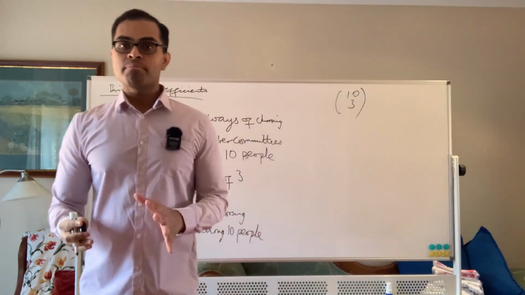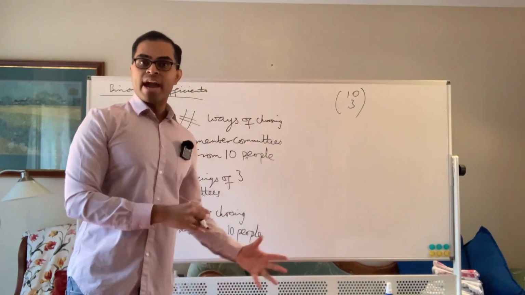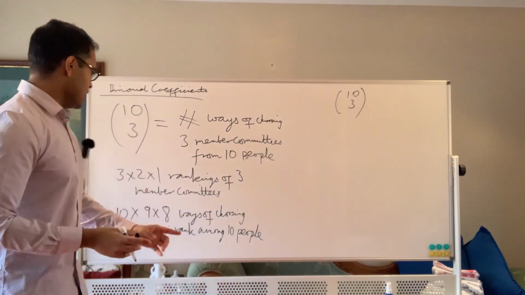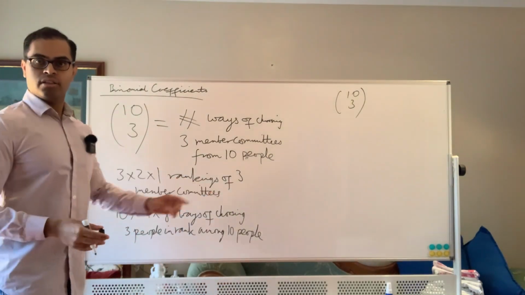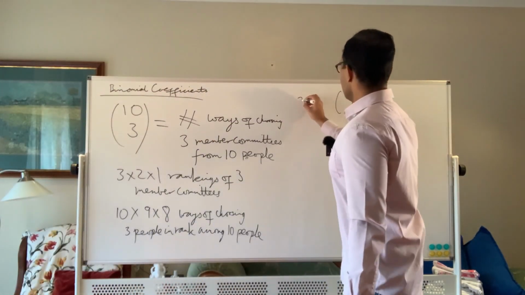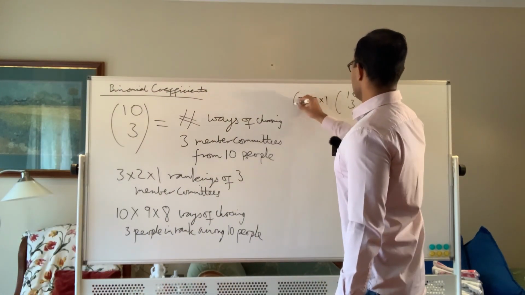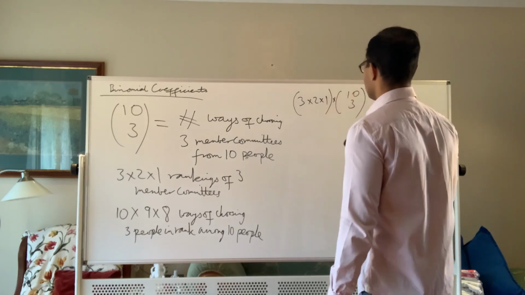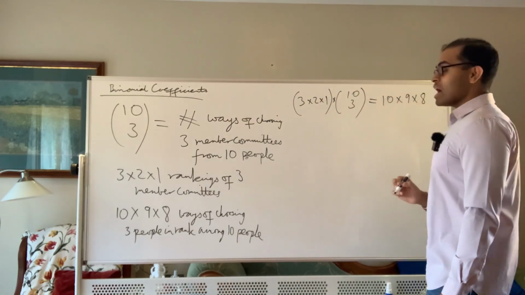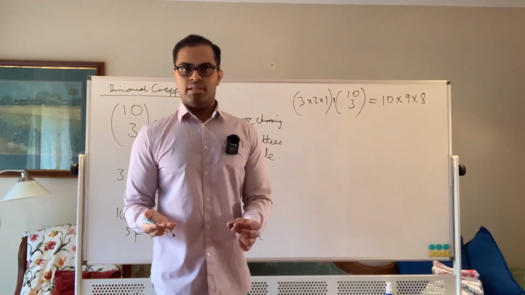And if we multiply that by the number of rankings, how many ways are there of ranking a 3-member committee? There are going to be 6 ways, 3 times 2 times 1, right? So we're going to have 3 times 2 times 1, which we know is 6, times 10 choose 3, equal to 10 times 9 times 8, which is the number of ranked 3-member committees, right?